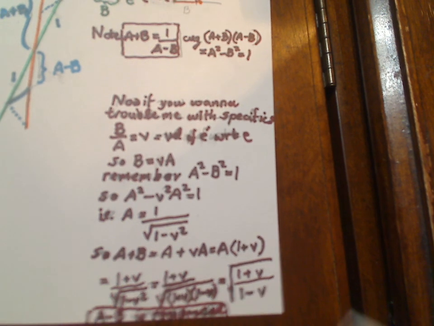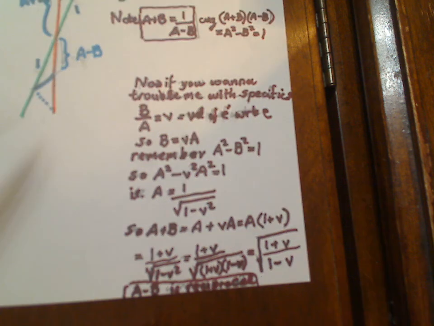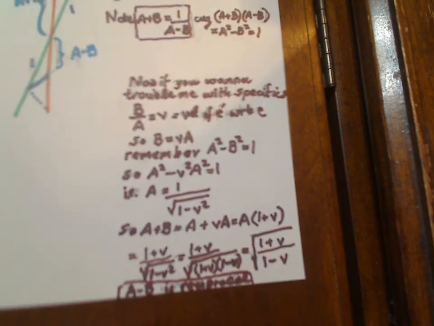Okay? And that a plus b, by the way, is our mu. That's our redshift factor. And if you want to know exactly what it is, just look right here. Okay, let me move the picture down a little bit so you can see, this picture right here. All right, so finally, one more thing.